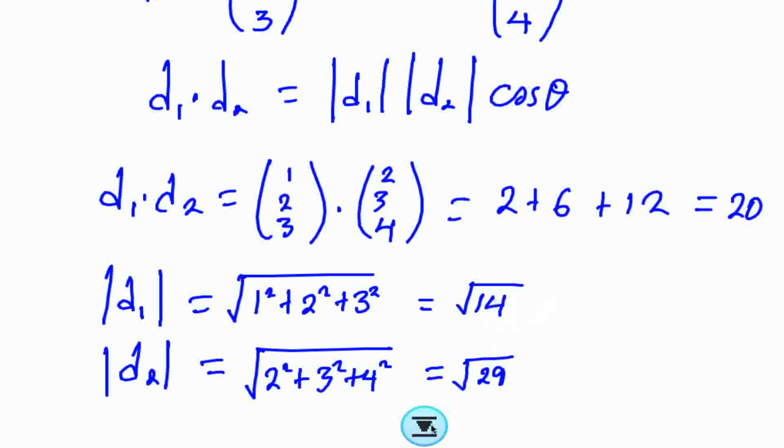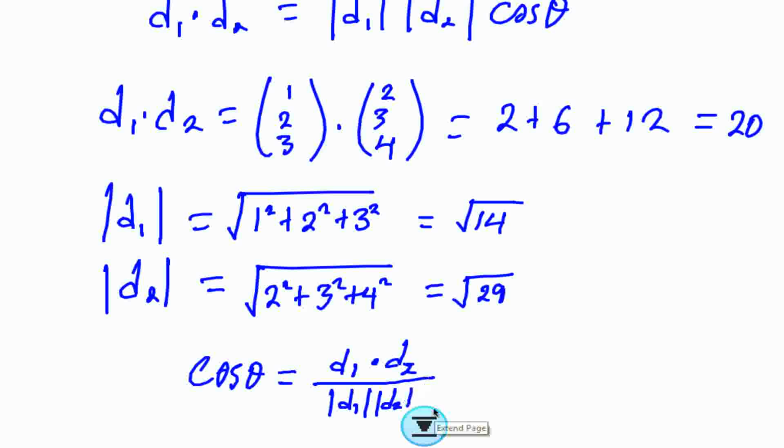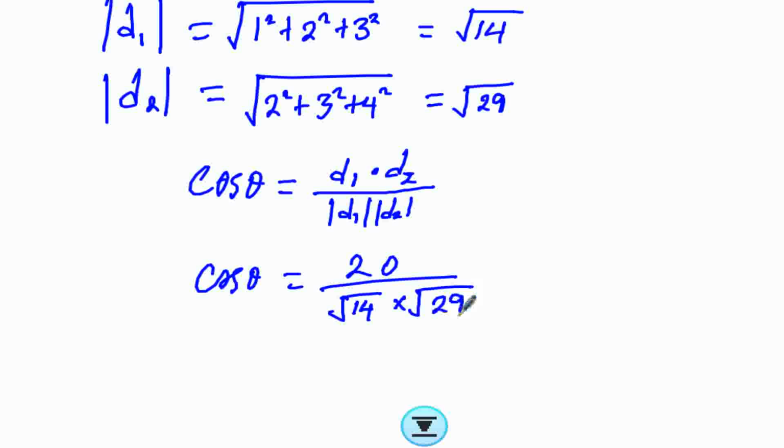So we substitute back to our dot product, but when we are substituting, we are going to rearrange this in this form. Our cos theta will equal d1 dot d2 over magnitude of d1 times magnitude of d2. So cos theta equals 20 over the square root of 14 times the square root of 29.